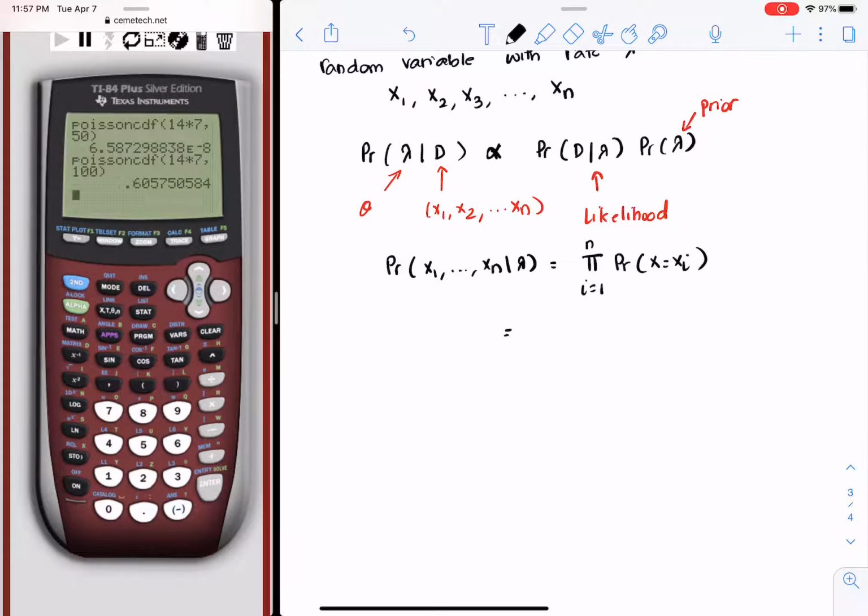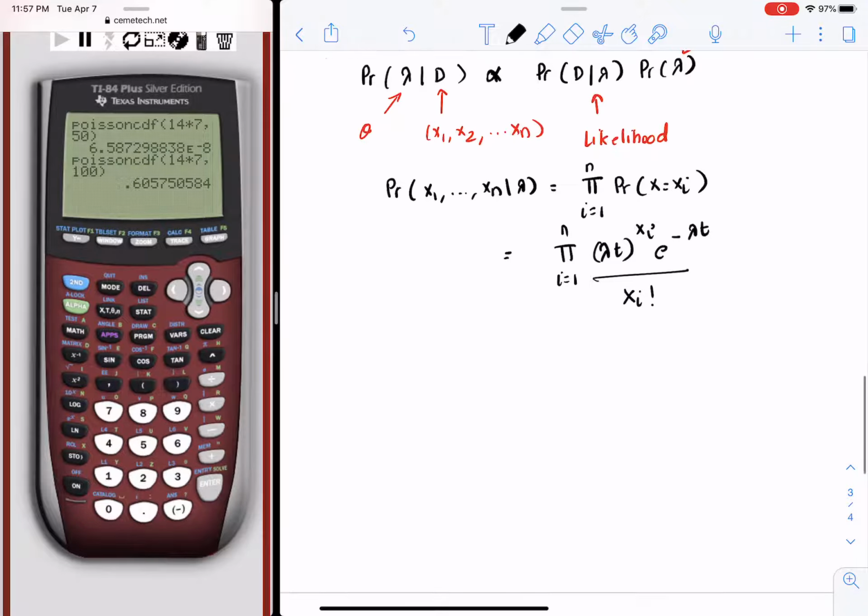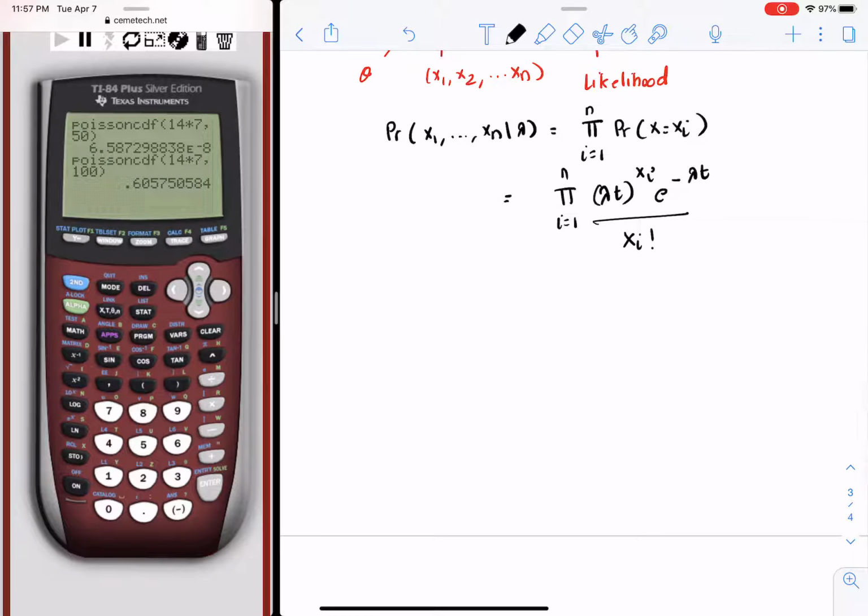In other words, we simply have the density lambda t raised to xi, e raised to negative lambda t, divided by xi factorial. Now, the denominator doesn't have anything to do with the parameter.